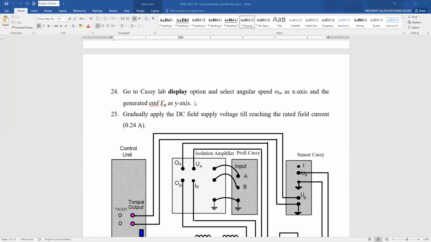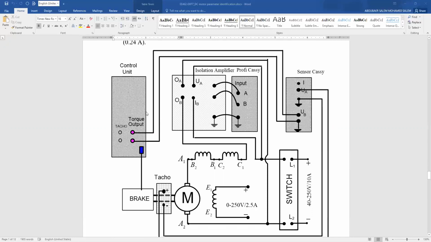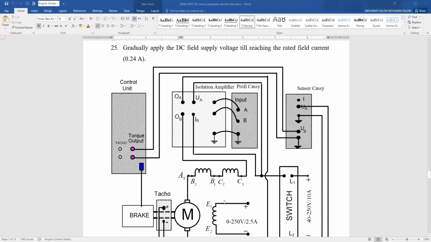So the horizontal axis will represent the machine speed and the vertical axis will represent the induced voltage. Gradually apply the DC field supply voltage until reaching the rated field current of 0.24 amps. So we will increase the field current from 0 to 0.24 amps, whatever the value of applied voltage. So we'll start with the voltage knob from 0 up till reaching 0.24 amps.